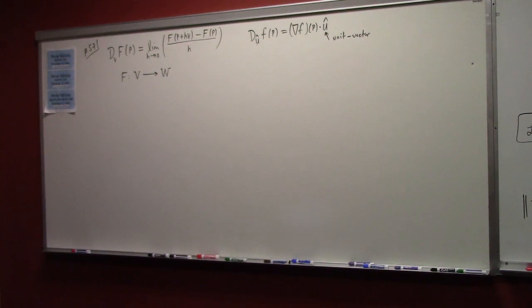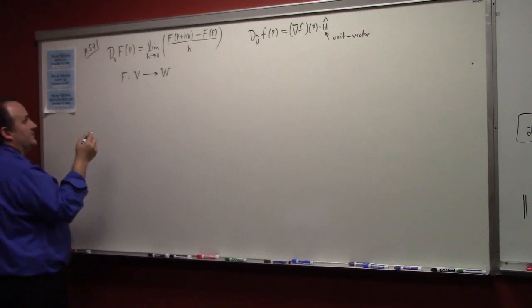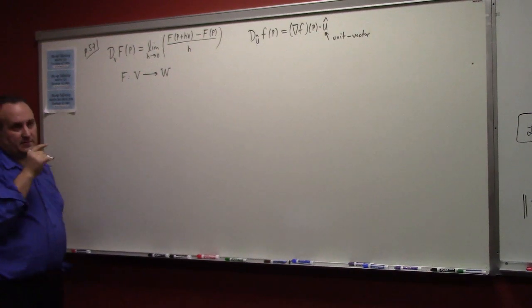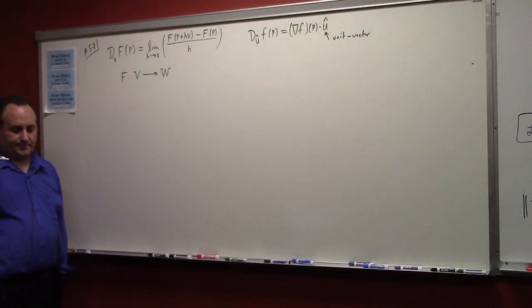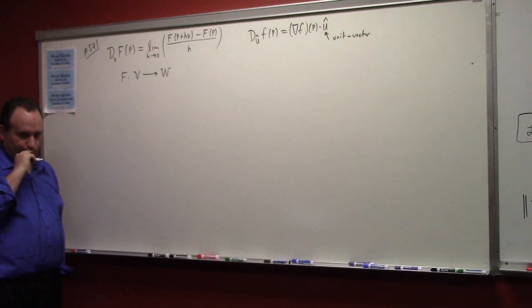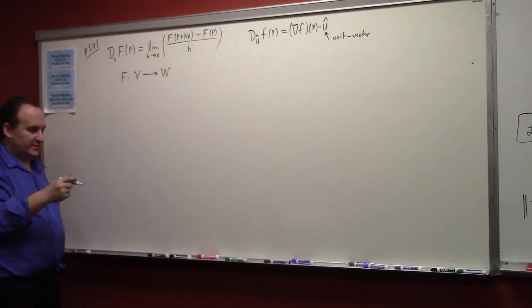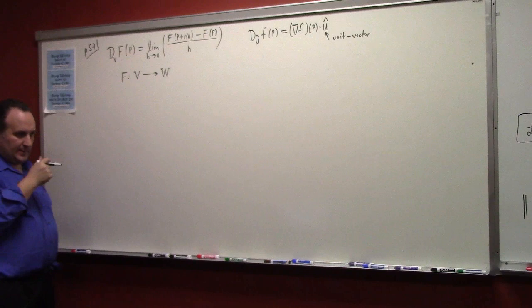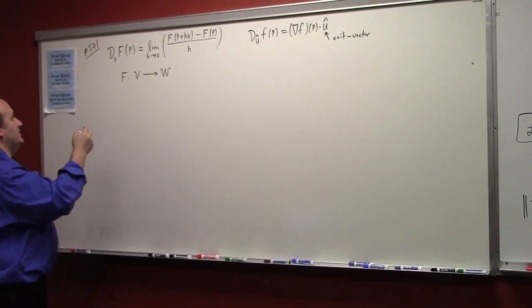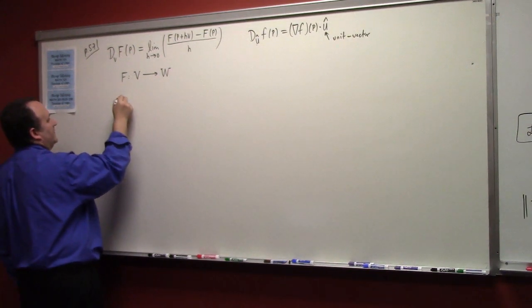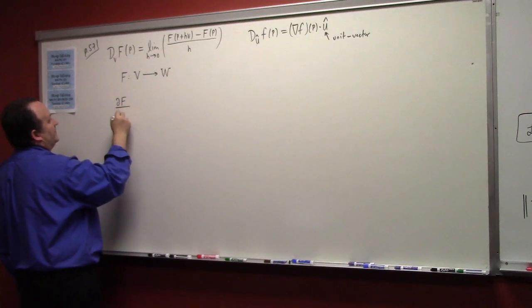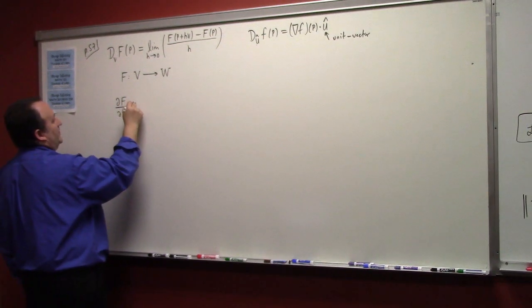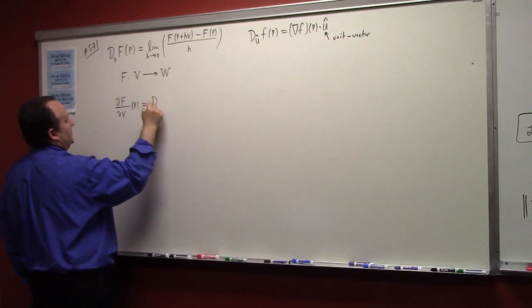Now, I would say partial derivatives. Well, you could say that this is partial f, partial v at the point P. Some people would say that.